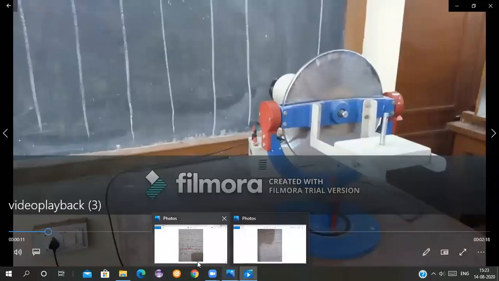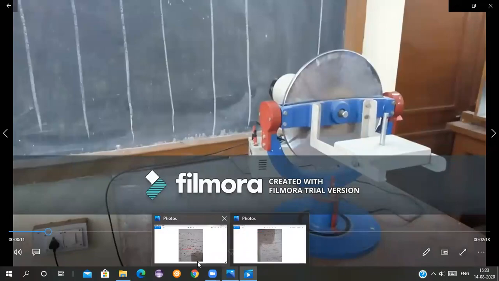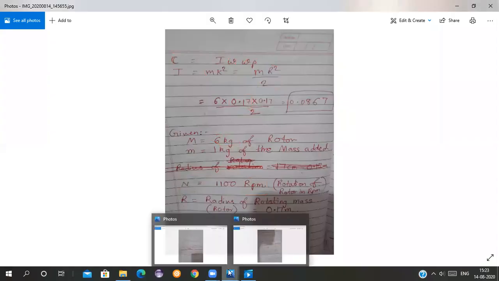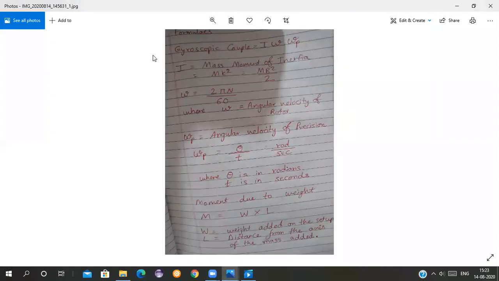See here, omega is 2 pi n by 60. Omega p is the angular velocity of precession. So omega p is theta by t, which will be in radians per second.